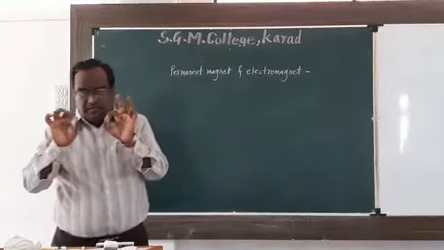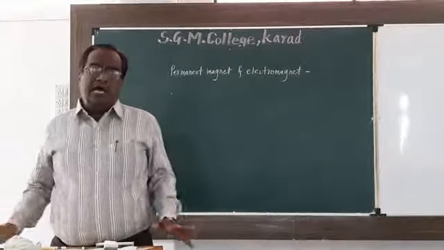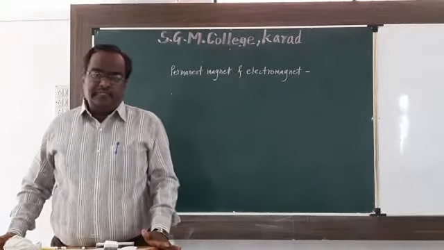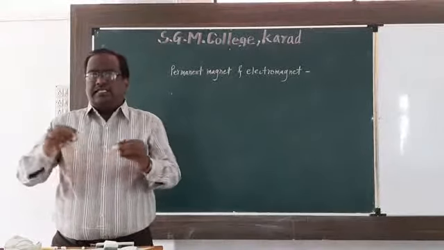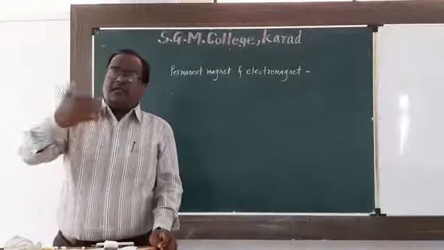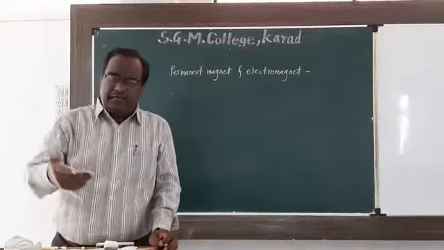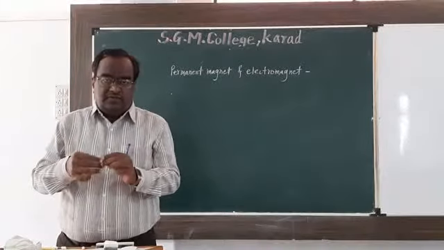To make a permanent magnet, we have to use hard iron. Same procedure: the hard iron is kept at the center of the core of the solenoid, and when current is passed through the solenoid, this hard iron gets magnetized.